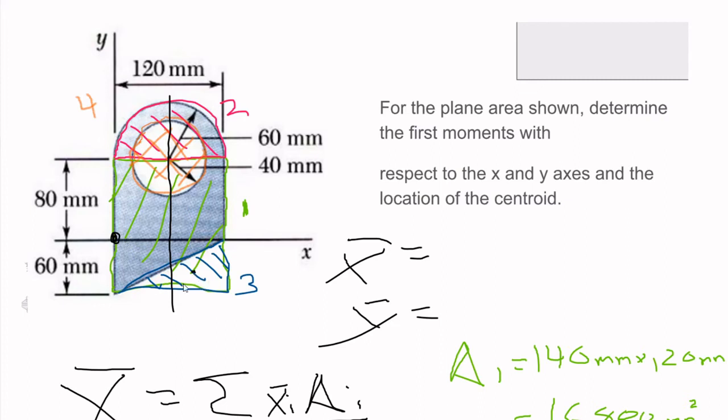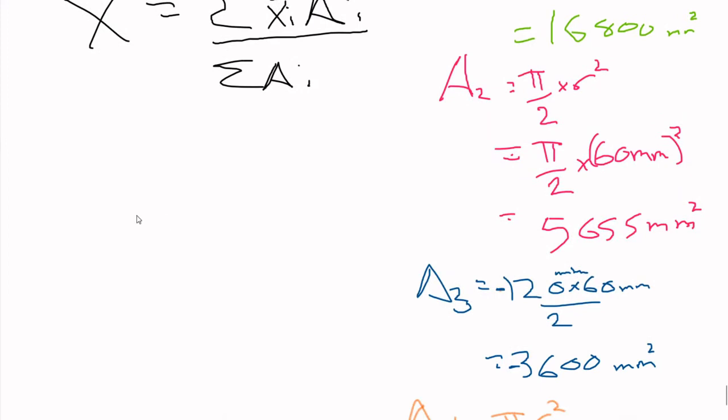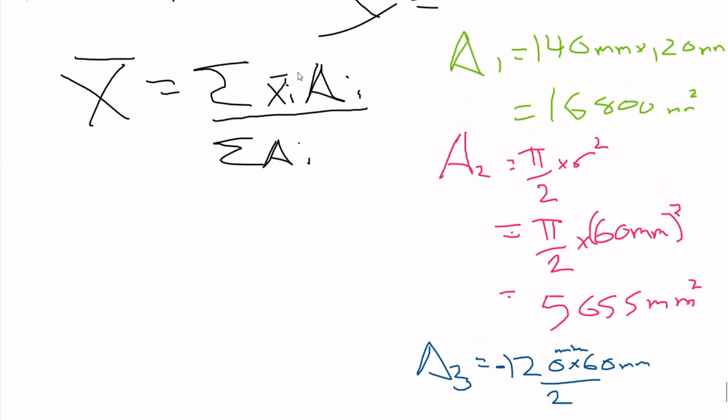That one is different because it's a triangle instead of a rectangle. Its centroid, going from tip to base, is 2/3 of the way along, so that'll be 80 millimeters. So we can find this total sum.